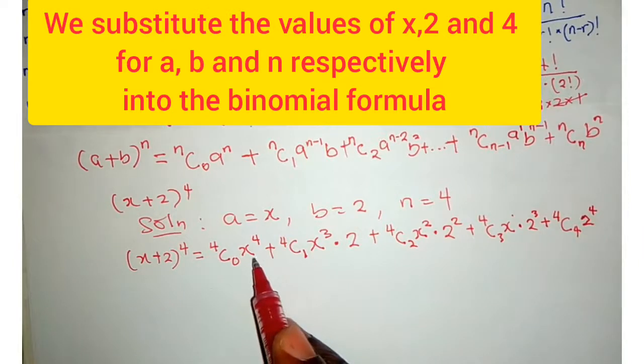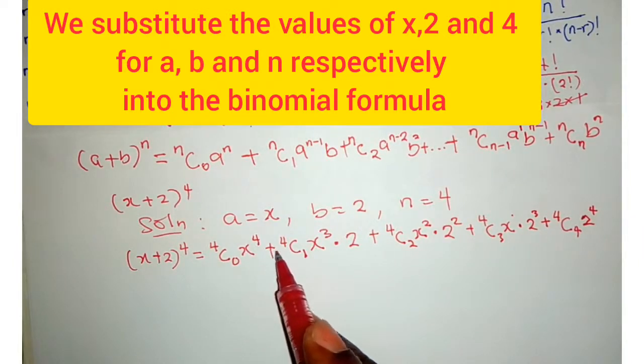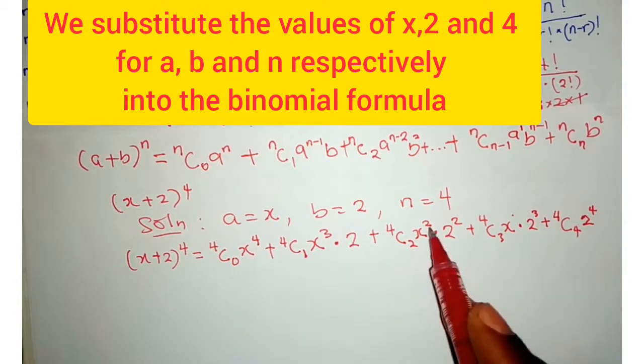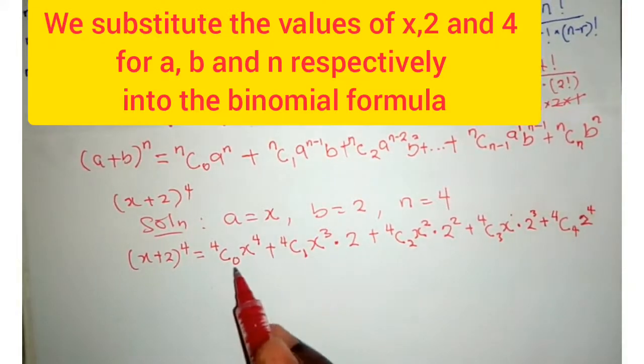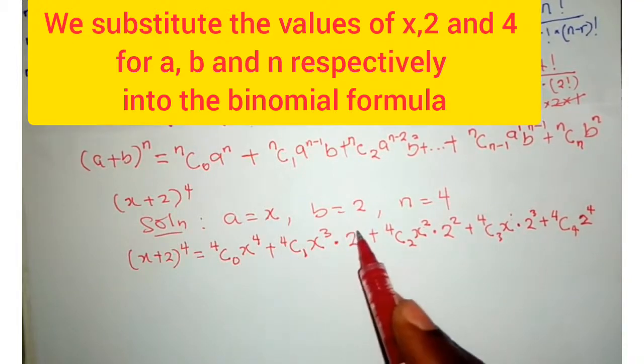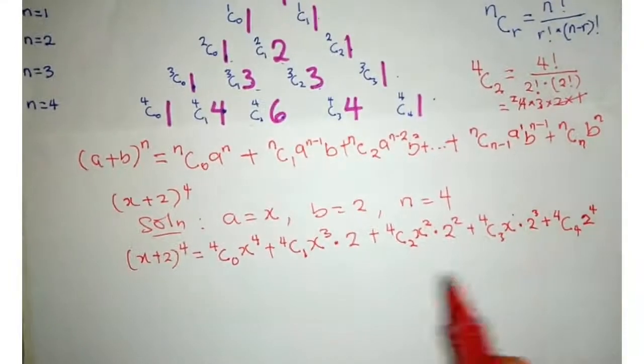So observe that the power of x decreases from left to right, 4, 3, 2, 1, 0, while the power of b, which is 2, increases from left to right, 0, 1, 2, 3, and 4.